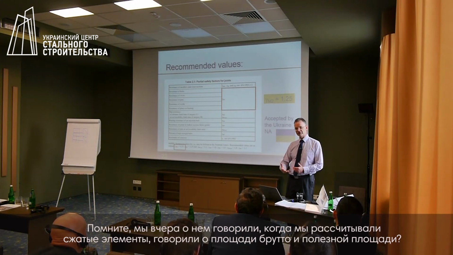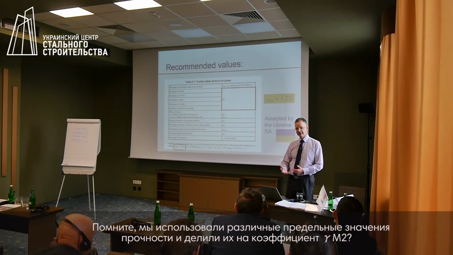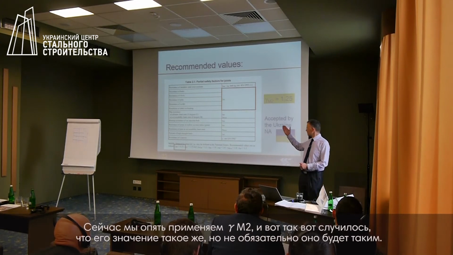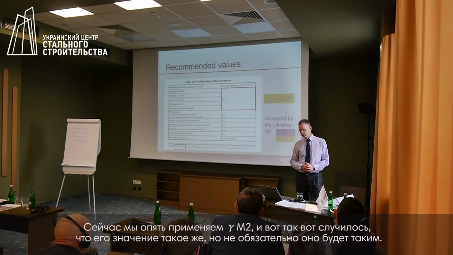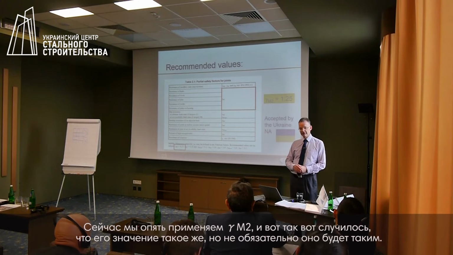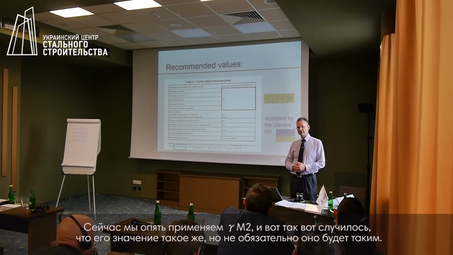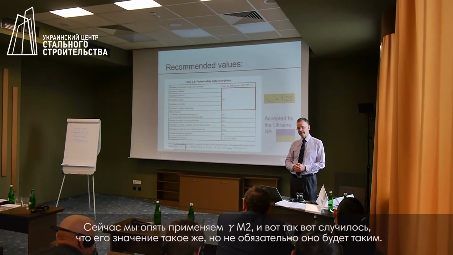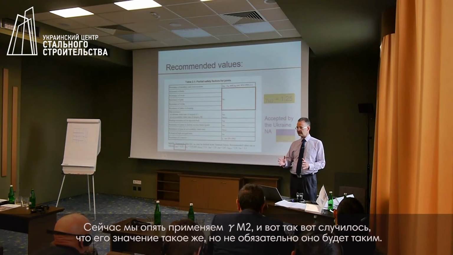We had to check a gross area and a net area. And you remember when we checked the net area, we used the ultimate strength, and we divided by gamma M2. Today, when we work out component resistances, we are also using gamma M2, and just by chance, gamma M2 has the same value. But that's not necessarily the case.